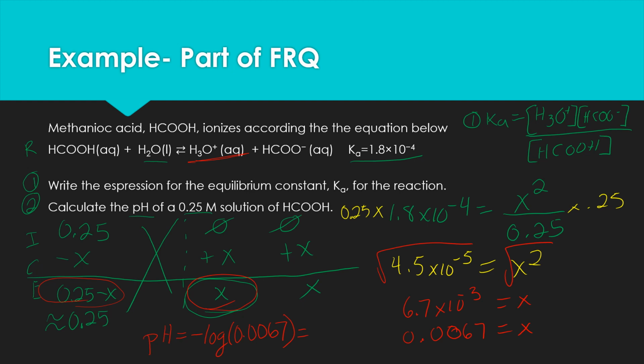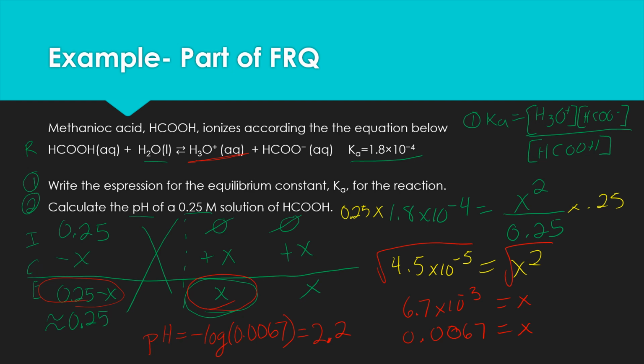Negative log of 0.0067, we get 2.2 as our pH. All right, still a really low pH, definitely acidic solution, but still a weak acid because it does not ionize very much. So it produces a significant amount of hydrogen ion, but doesn't ionize all the way.